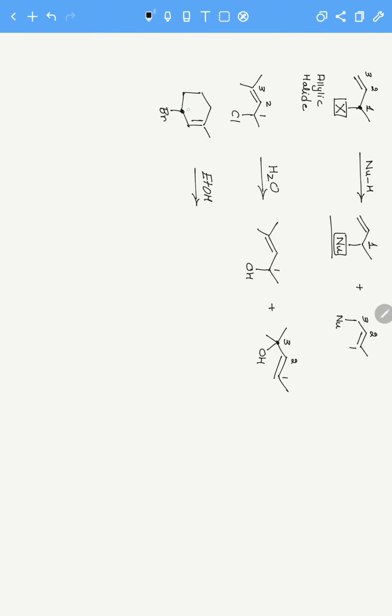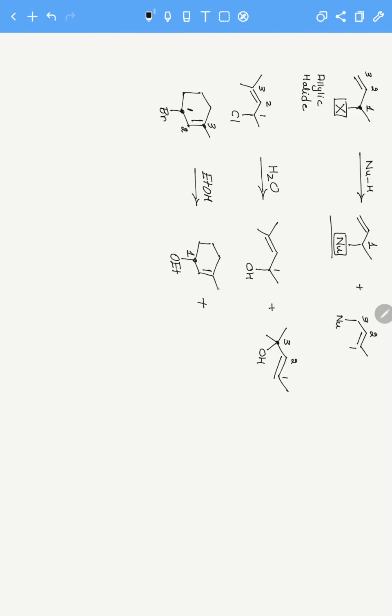Again, this is position 1, this is 2, this is 3. So to draw the first product, just replace the Br by the nucleophile after removing the H. And this is position 1.